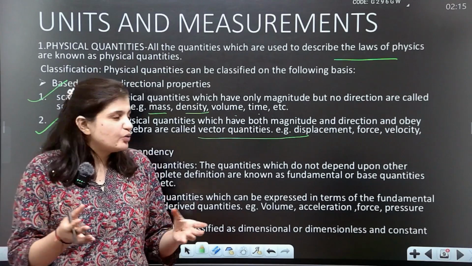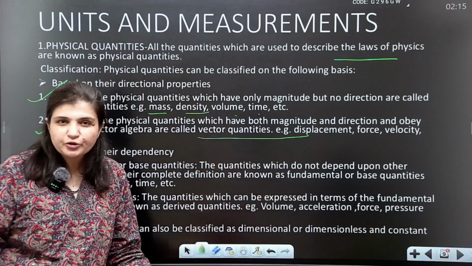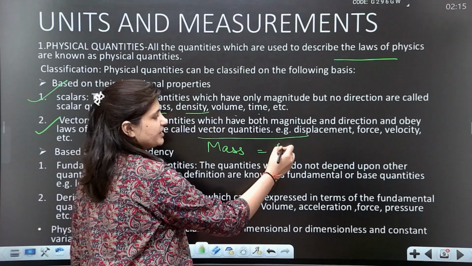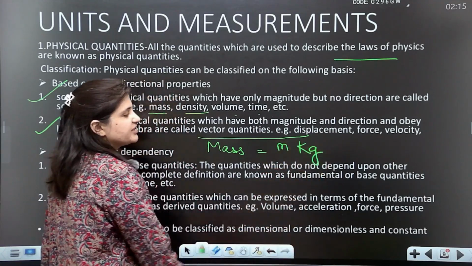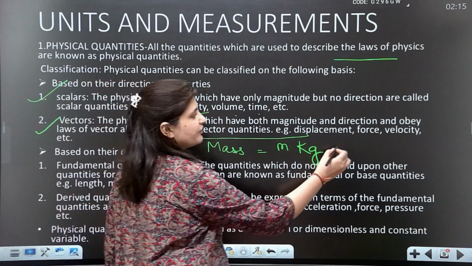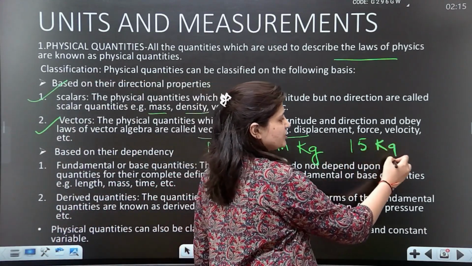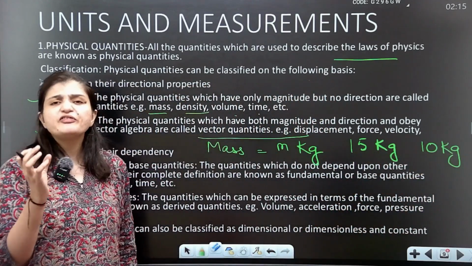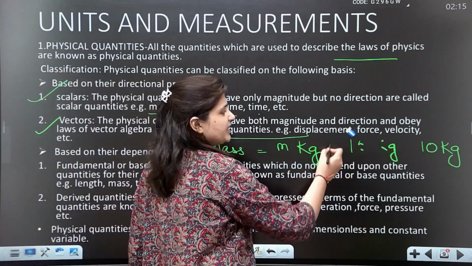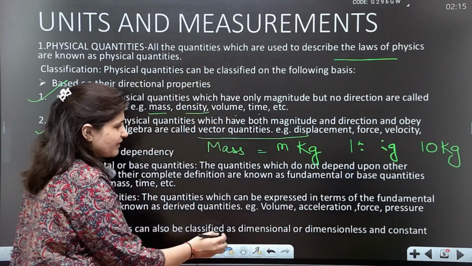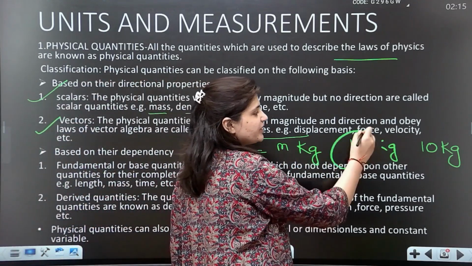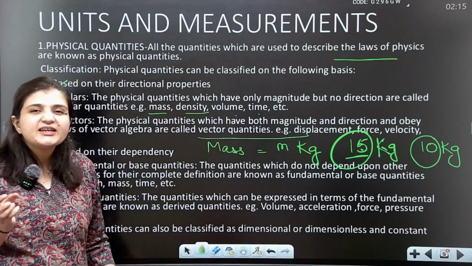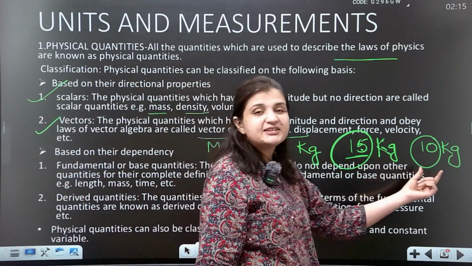What do you understand by the term magnitude? Let's consider the mass of an object is m kg, let's say 15 kg or 10 kg. The measure of its value, like this 15, is a numerical term which is a measure of the mass.